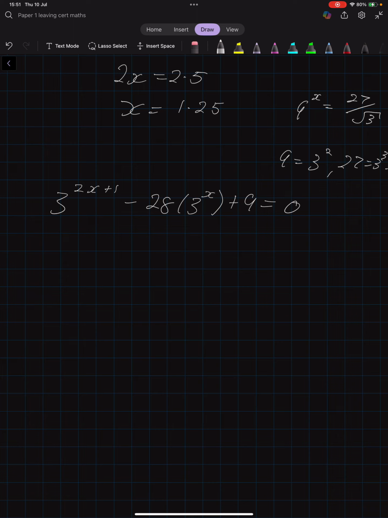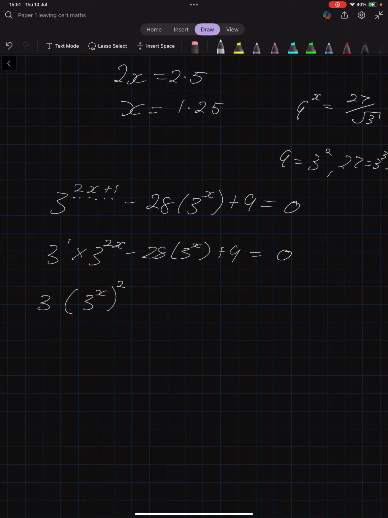Well, the very first thing that you would do is this 3 to the power of 2x plus 1 looks a little bit ugly. So I'm going to change it. So that's 3 to the power of 1 multiplied by 3 to the power of 2x. Remember, that's 3 multiplied by 3 to the x squared.